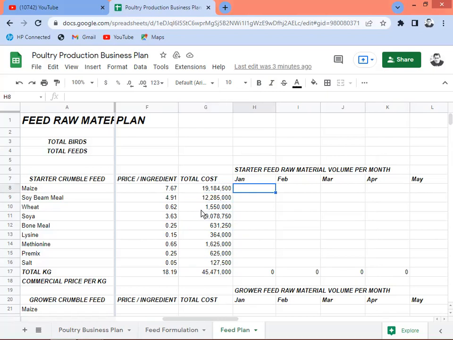Now we're going to calculate the monthly volume, which would be the basis of planning our financial budget.